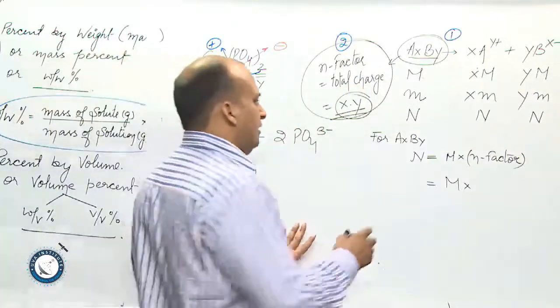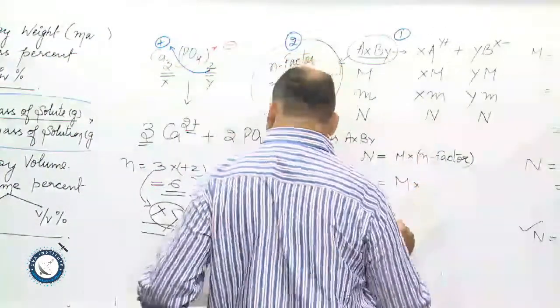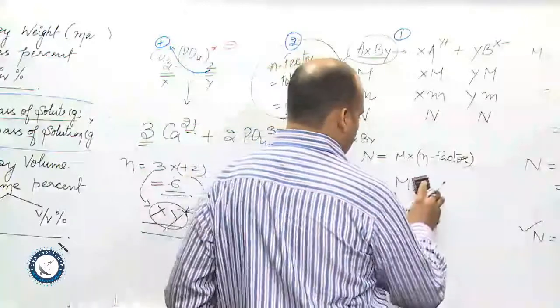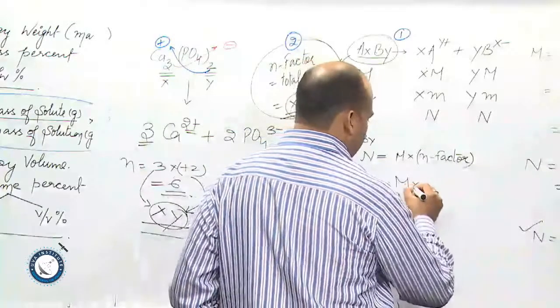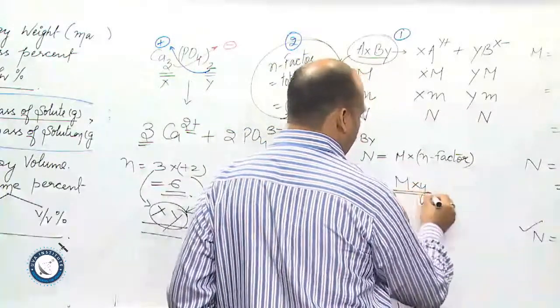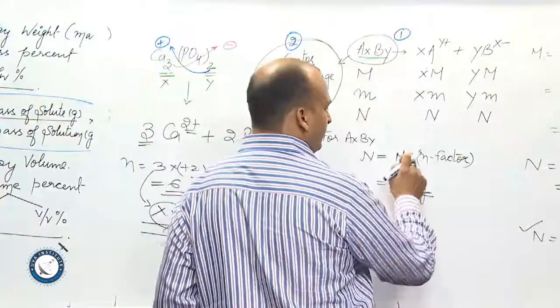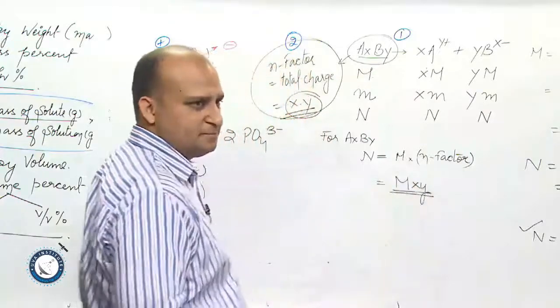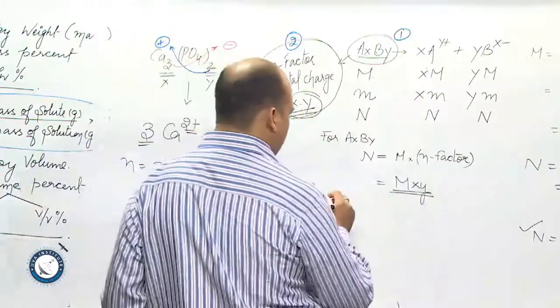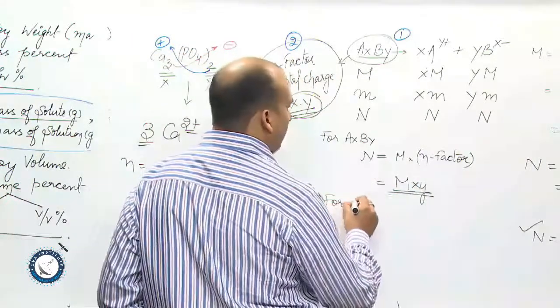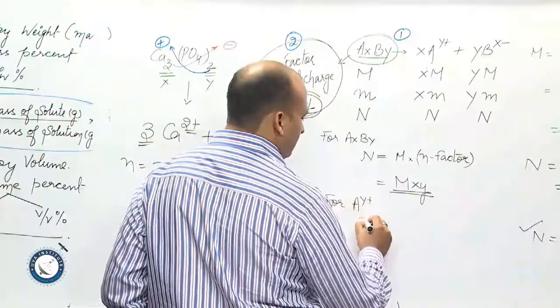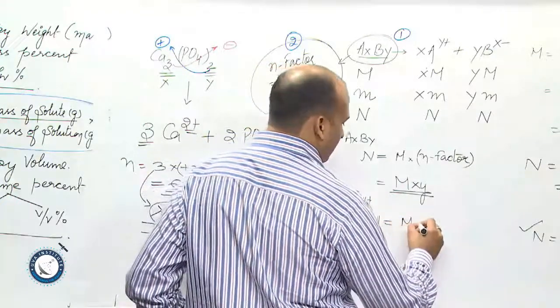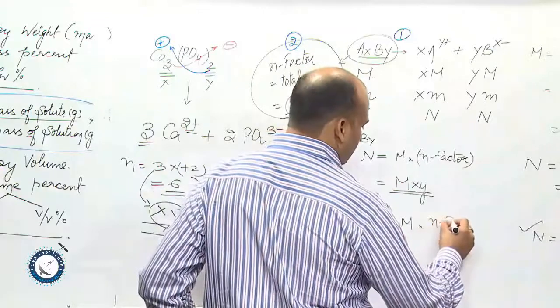So this is M into XY. This is MXY. Let me write into as this. MXY. Okay. Now for A raised to power y plus, normality is again molarity into n factor.